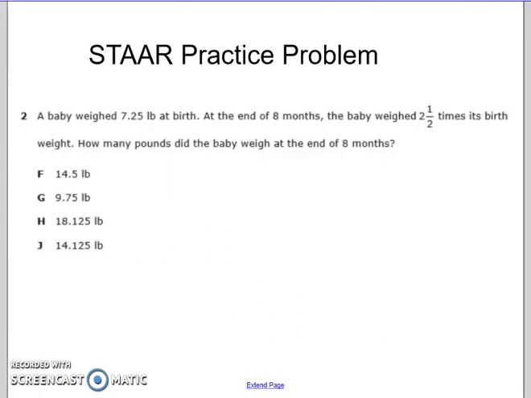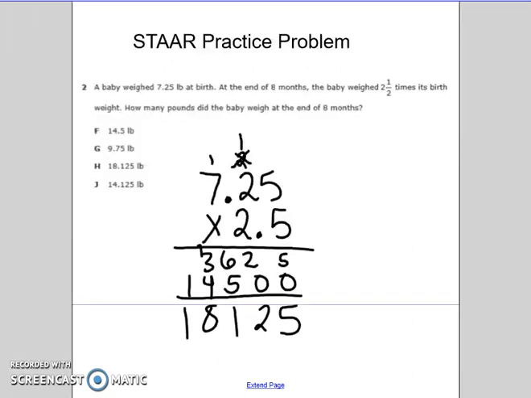Okay, here is a practice problem from the STAR test from a couple years ago. Pause the video and see if you can solve it by turning fractions to decimals and decimals to fractions. Okay, so first you had to take 7 25/100. Then you had to take this number and turn it into a decimal, 2 5/10, or 2 1/2.